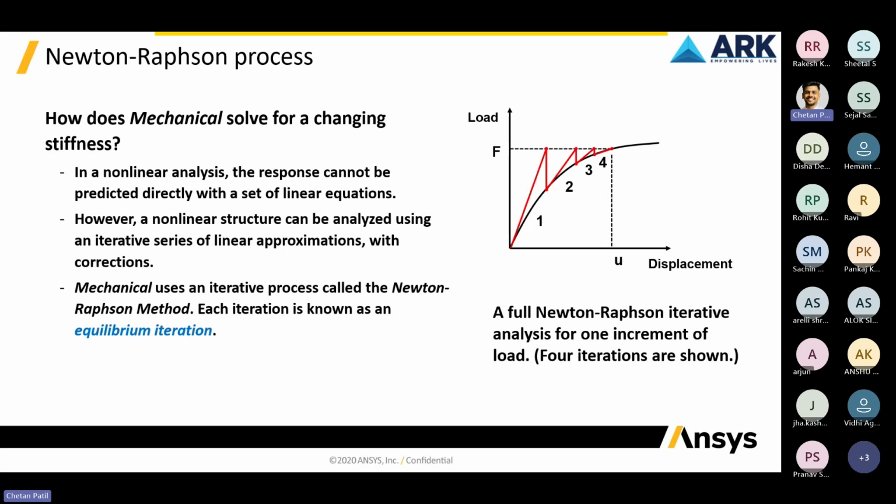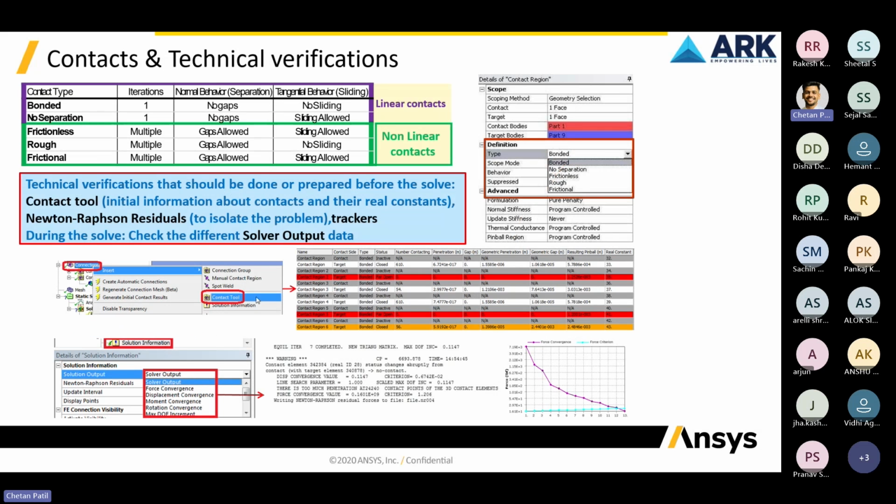How does the mechanical solver use this iterative process, and how are we going to recognize how the convergence is going to occur with respect to the iterative process? We'll try to figure out those things here as well. This Newton-Raphson process we'll discuss in more detail at the time of the demonstration itself.